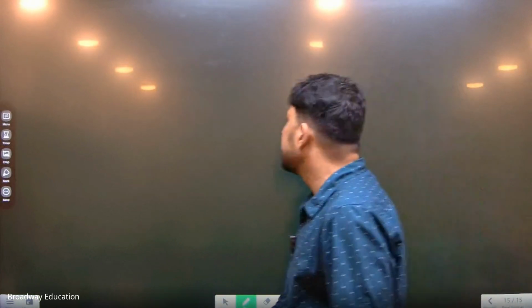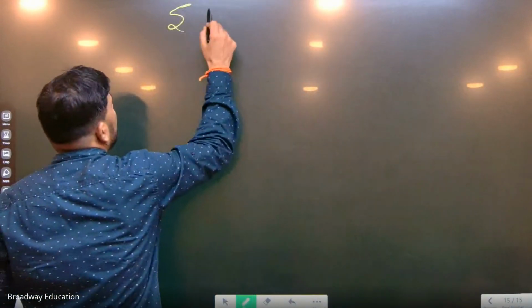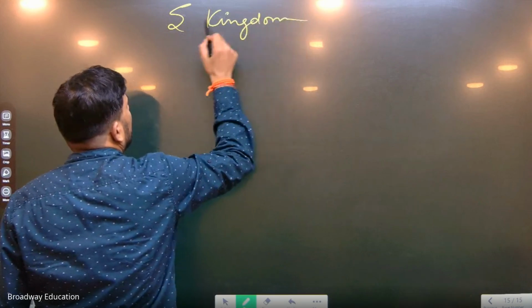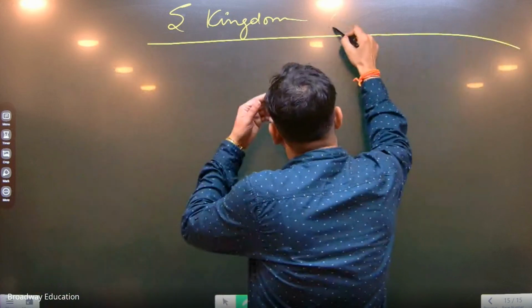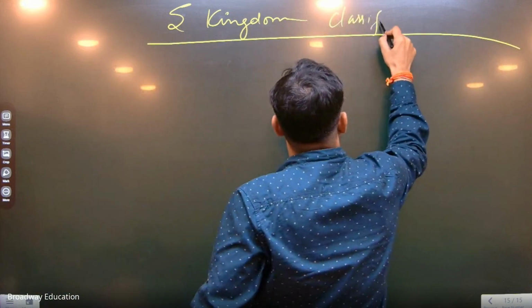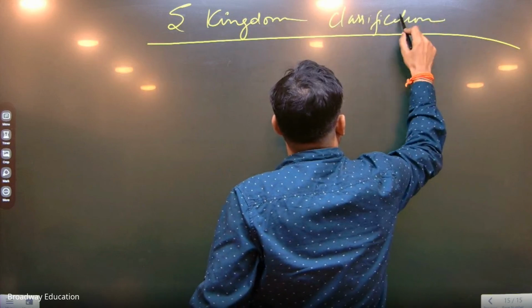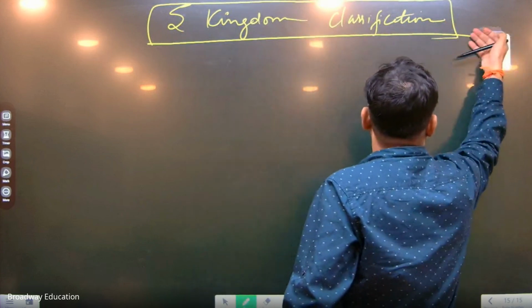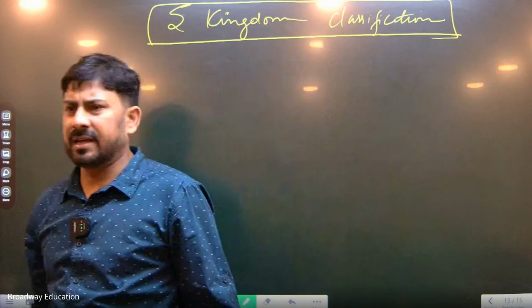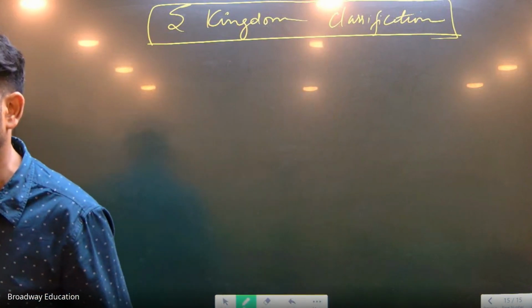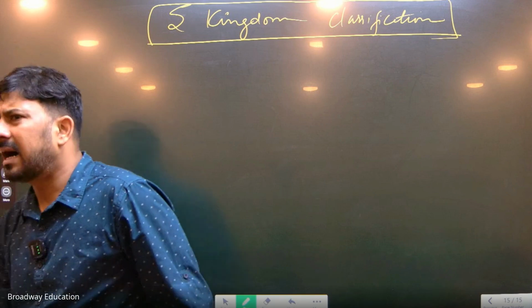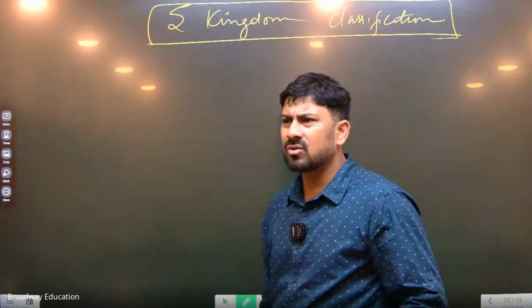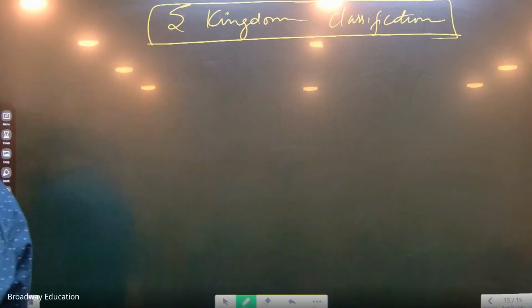Please write it down. The five kingdom classification. This is most important. This was propounded by Whittaker. I think he was Robert Whittaker, R.H. Whittaker. R stands for Robert, I think. Please check it.